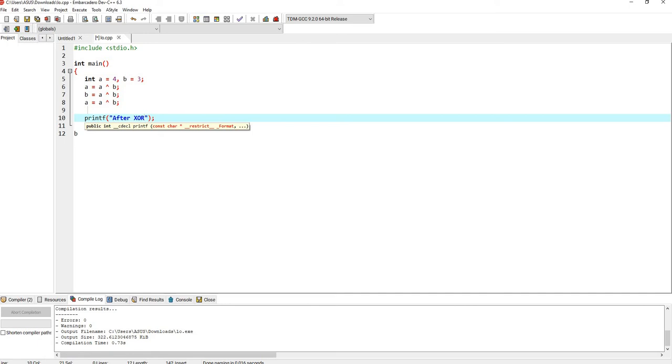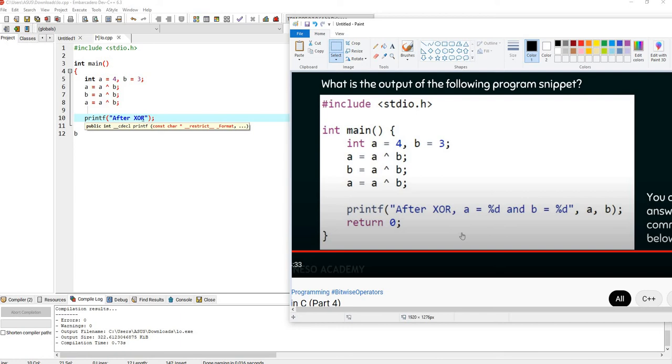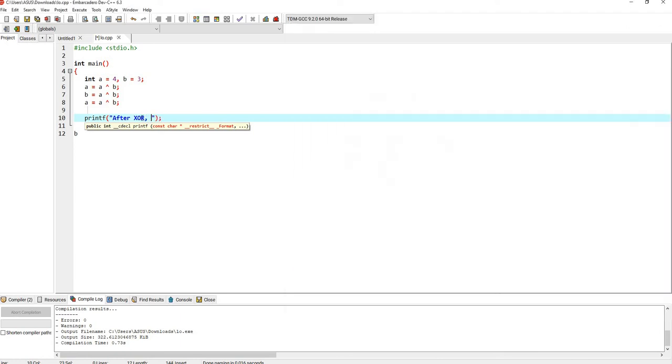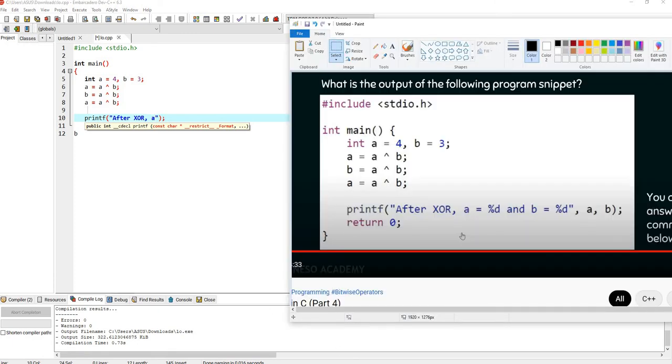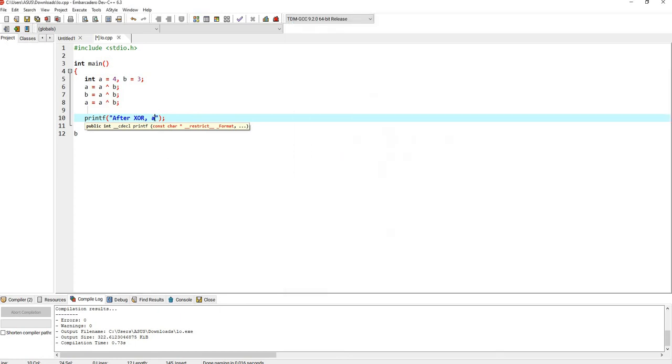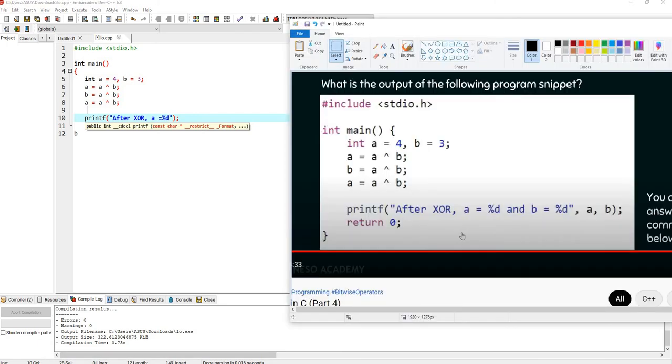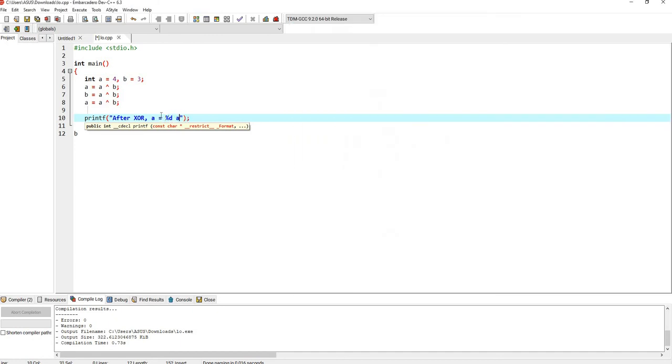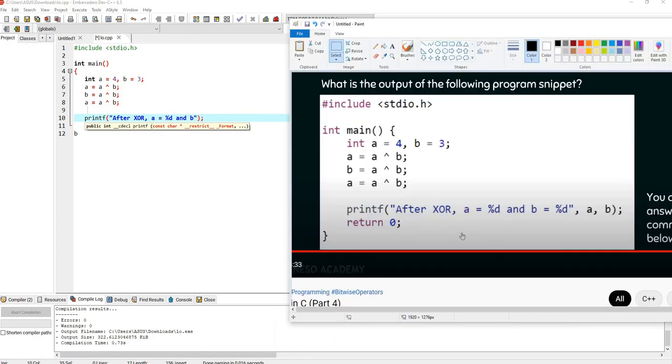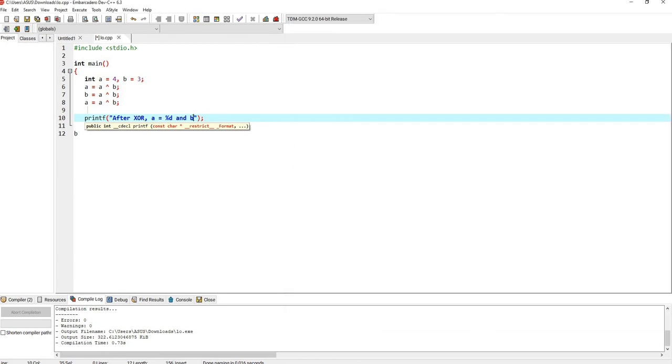After XOR, comma A, comma A is equal to %D. A is equal to %D and B equal to %D.